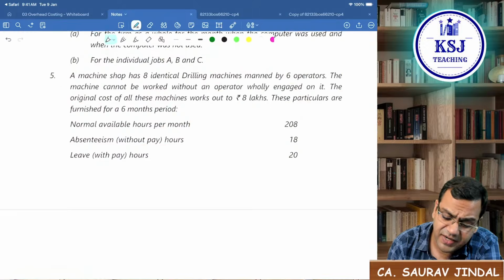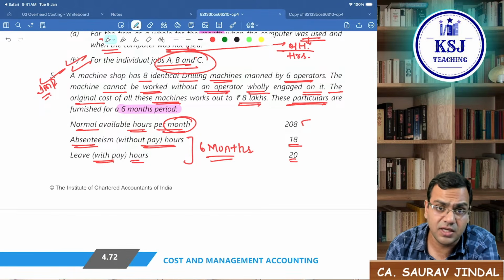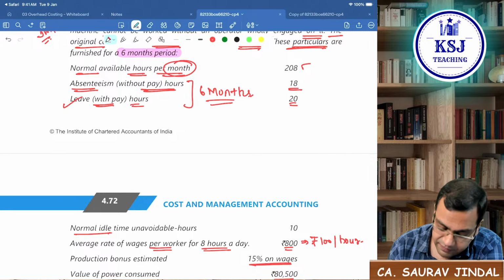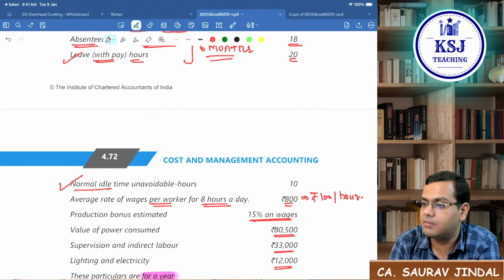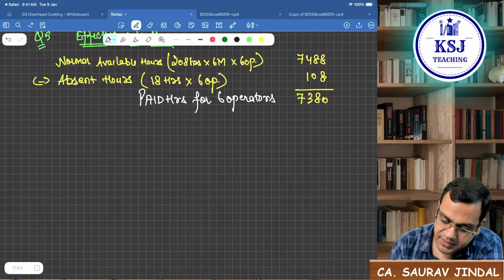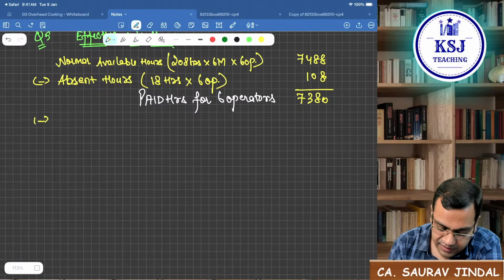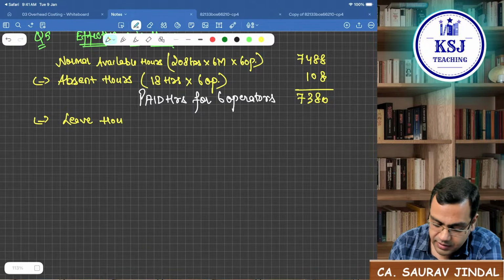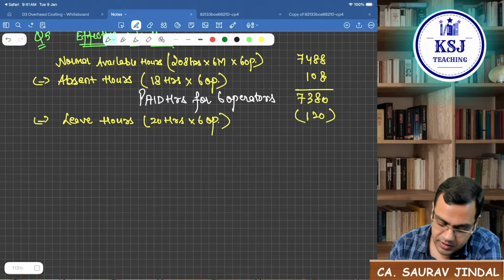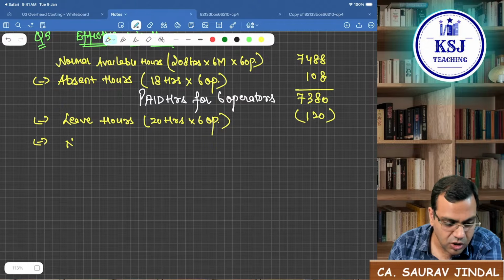But is it the effective machine hours? No, sir. From this, we have to remove the leave hours with pay, and we have to remove the normal idle time also. From this I will subtract leave hours. Leave hours is 20 hours, 20 hours into 6 operators, that is 120, and minus normal idle time.